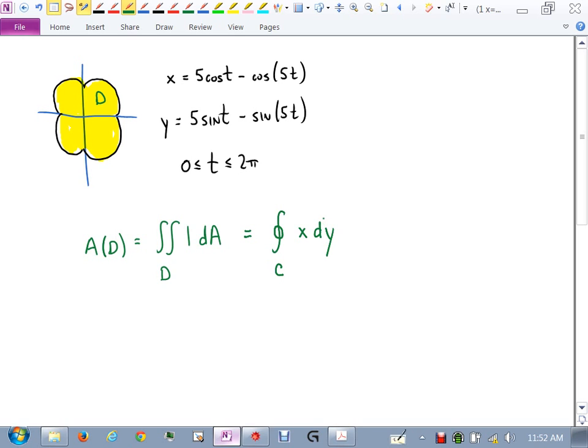Yes? We could use that one? What are you going to need in order to use this line integral? You're going to need to know the parametric representation of the curve, which you have. You need to know what x is.